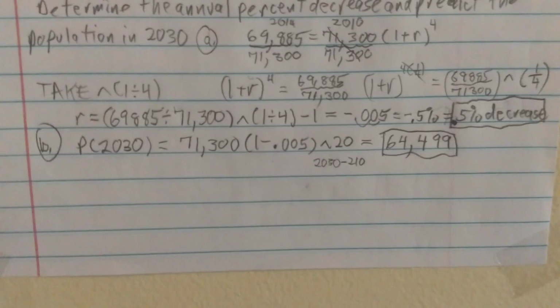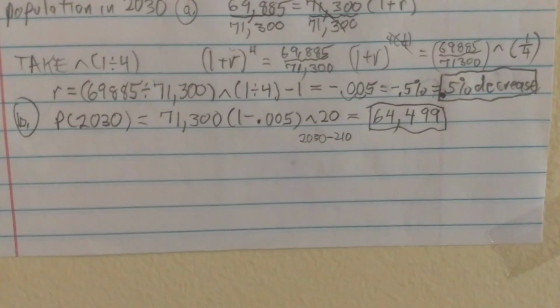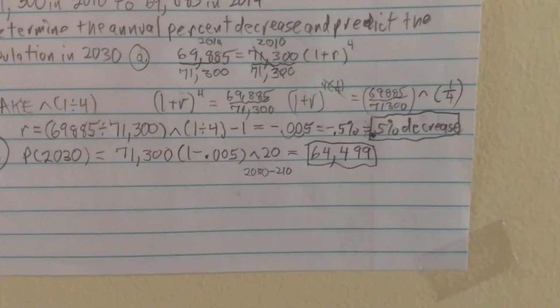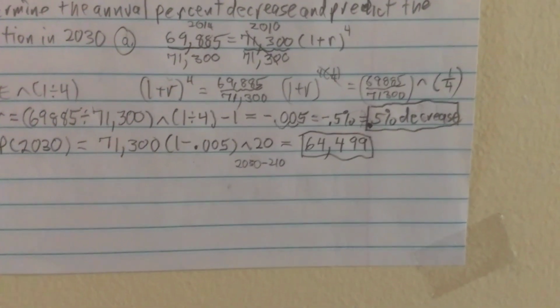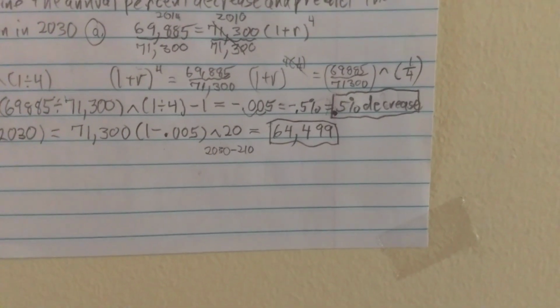So now what we need to do is divide out the 71,300, and I don't want to do it yet because it's a bit of a messy decimal. So then I have 1 plus r to the 4th is 69,885 over 71,300. Now what I have to do is take the 1/4 power on both sides.